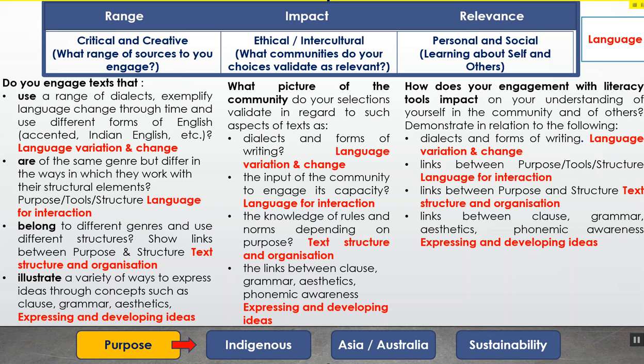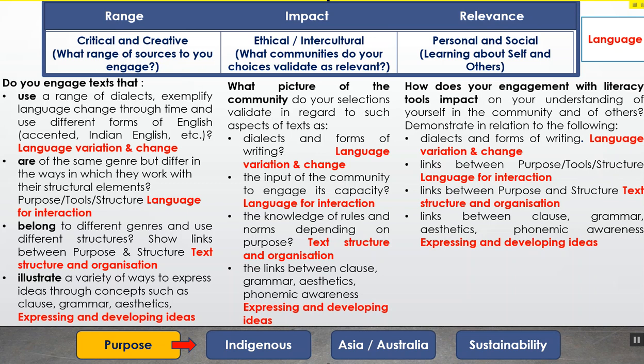Especially it would be good for links between purpose, tools, and structure. For example, you can show a poem in a little book, like Australian poems or English poems, but you can pick Dr. Seuss or whatever, and look with a child at what makes a recipe, and when a recipe is no longer a recipe, it is a poem. If you take Dr. Seuss about the eggs and bacon or green eggs, it is about food, but it's not a recipe, right?